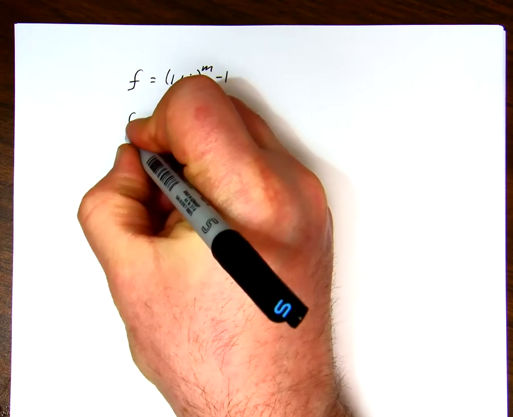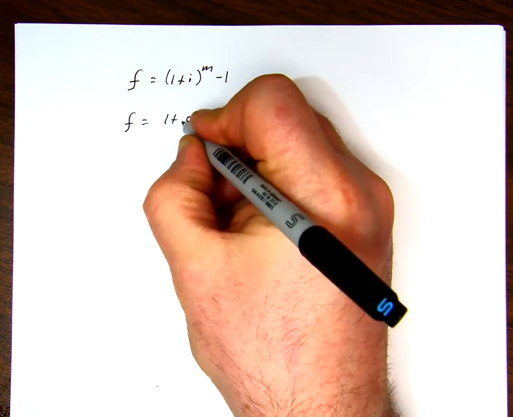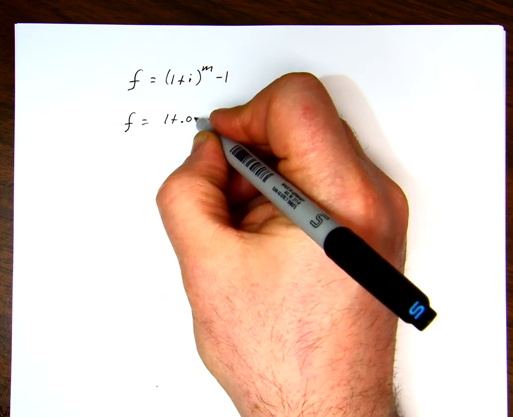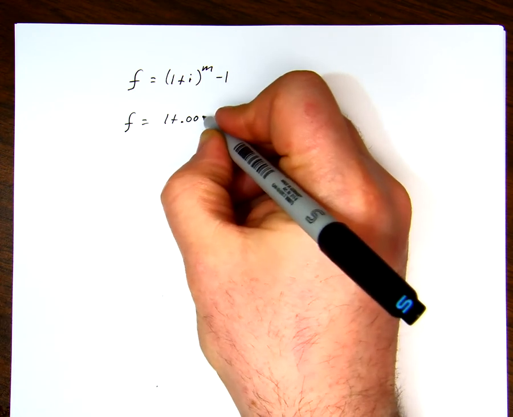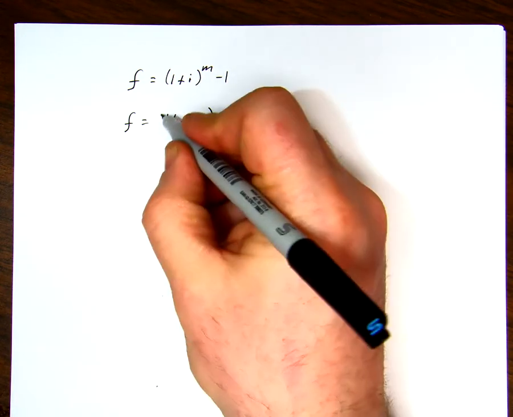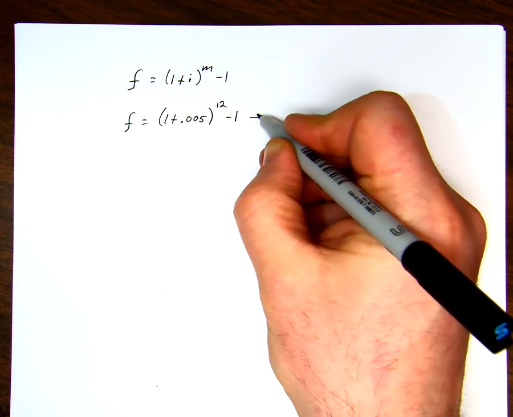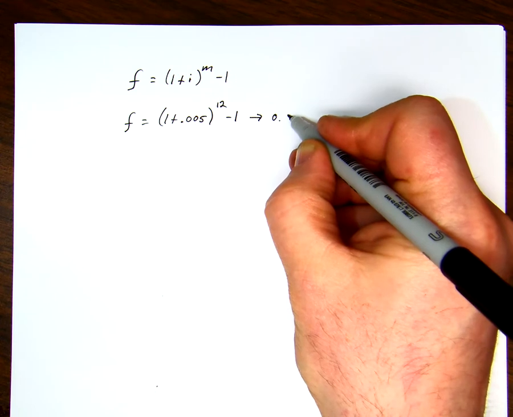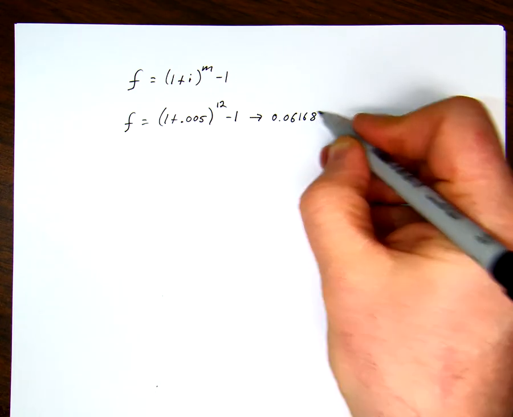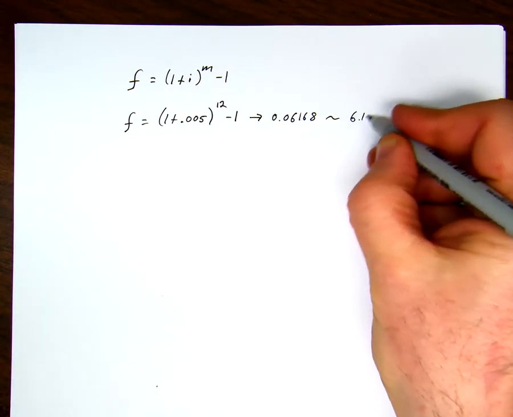We'd say our effective rate is 1 plus, well, it wasn't 0.06, it was 0.005, because remember this is an I, this is a periodic rate, to the 12 minus 1, and that's going to come out to 0.06168. Which is equivalent to 6.168%.